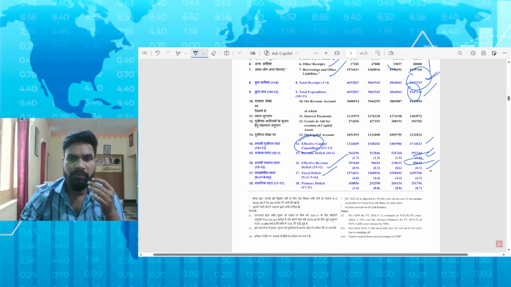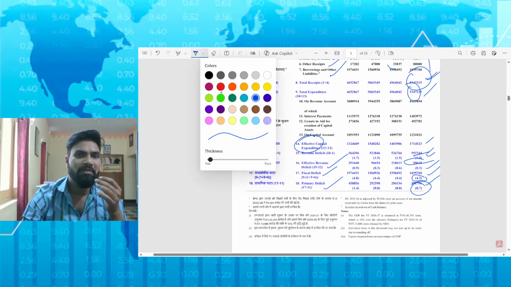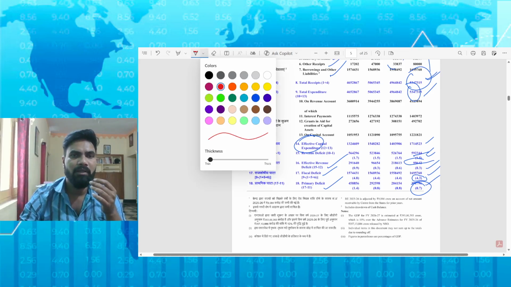Then the fiscal deficit is 16 lakh 95,000 crore rupees, roughly 4.3% of GDP. Try to remember the figures. You can quote them in the exam. Then the primary deficit will be 2 lakh 91,000 crore rupees, roughly 0.7% of GDP. Try to remember the figures.